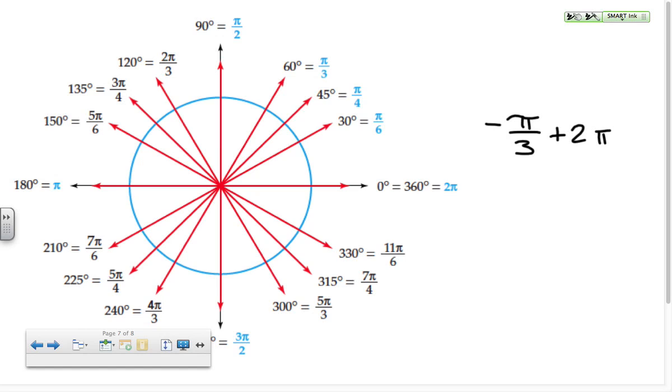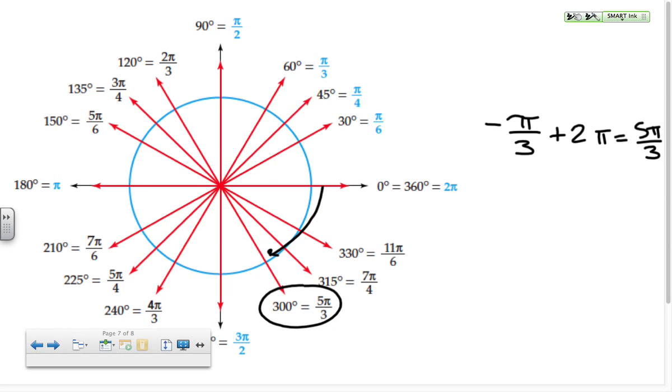It may not be exactly one of the marked ones; it could be one in the middle. It just has to be between 0 and 2 pi. So if I add 2 pi to negative pi over 3, I end up with 5 pi over 3. This one actually is on the unit circle. So negative pi over 3 is the same thing as 300 degrees or 5 pi over 3. This is one where I add.